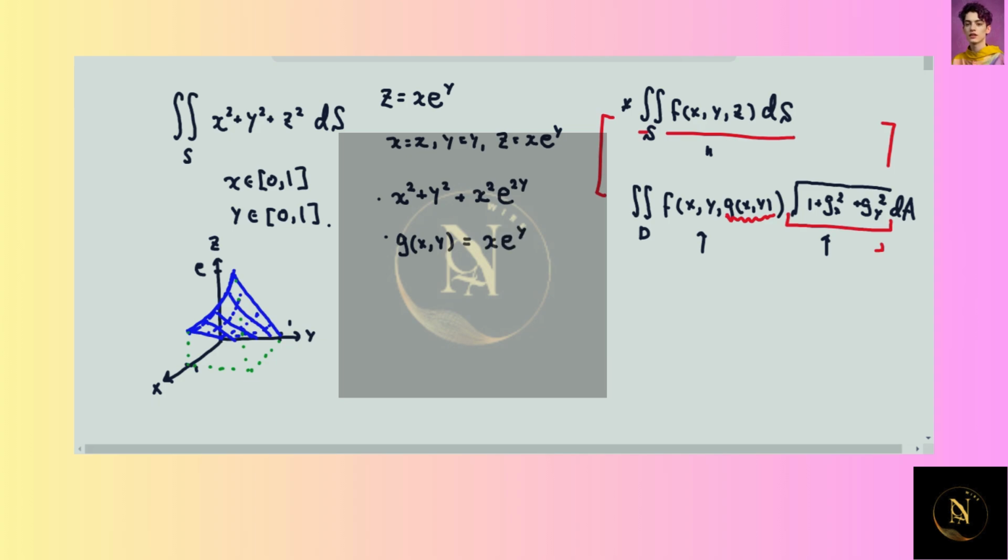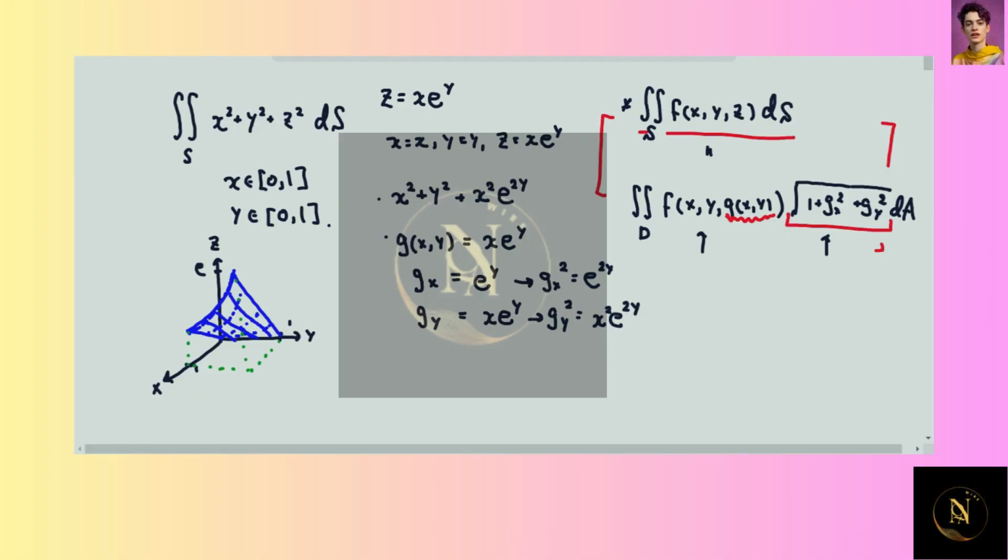So g sub x, the partial derivative of z with respect to x, is simply e to the y. Similarly, g sub y, the derivative of e to the y is e to the y, so it'll be x e to the y. So from here we can deduce that g sub x squared is e to the 2y, and g sub y squared is x squared e to the 2y.